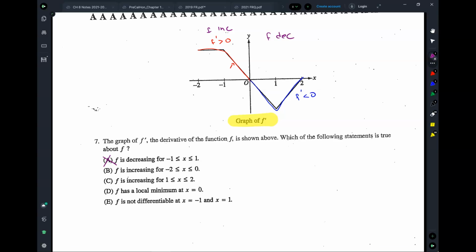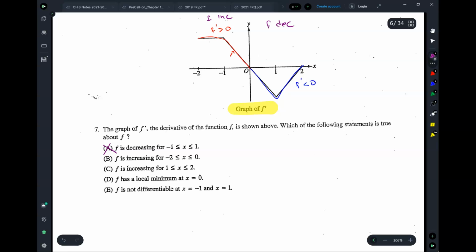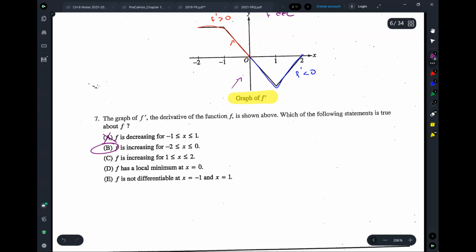F is increasing from -2 to 0. Is that true? Yes. F is increasing from 1 to 2? No. F has a local maximum at 0. Oh, I read that wrong, because I was like, wait, that is true.